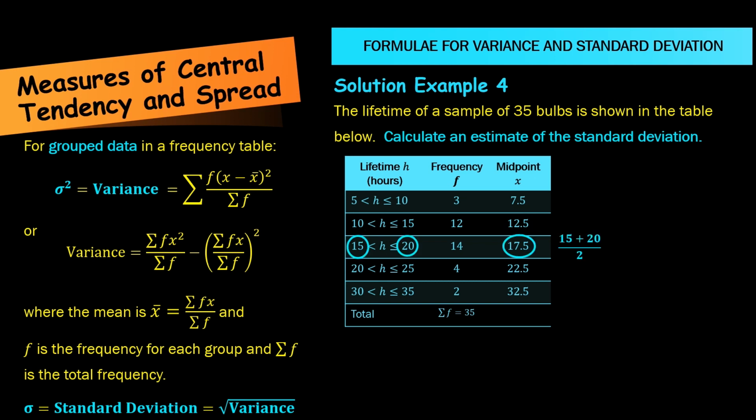The third interval, 15 plus 20 divided by 2 to give 17.5. For the next interval, 20 plus 25 divided by 2 to give 22.5. And finally, for the last interval, 30 plus 35 divided by 2 to give us a midpoint of 32.5. Sum f is the sum of all the frequencies, and that's 35.